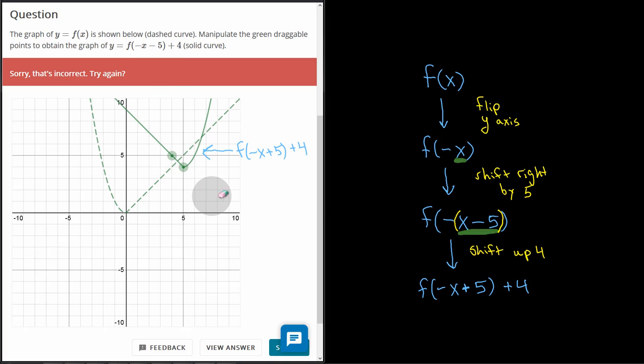Okay. So anyway, now, how do we fix it? Well, some of you might see a shortcut to fixing it. You might say, oh, we could just work backwards. And maybe that's the easiest way to do this. So let me erase this.